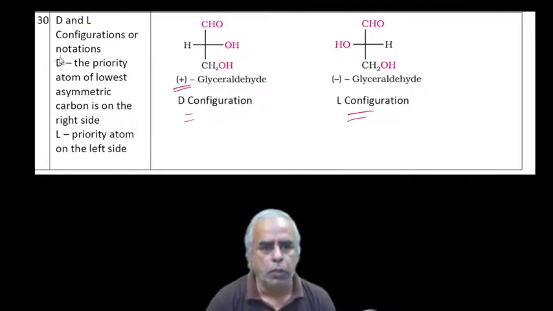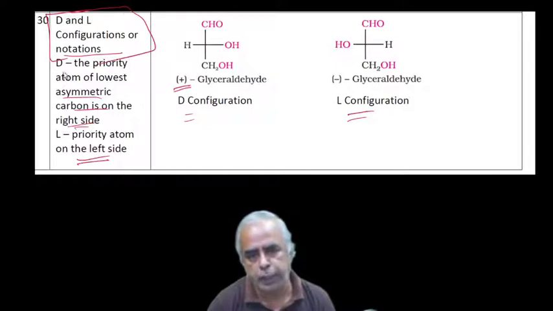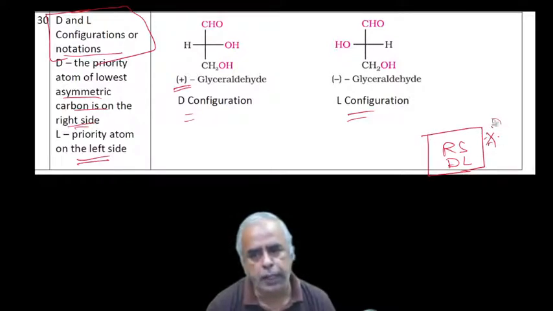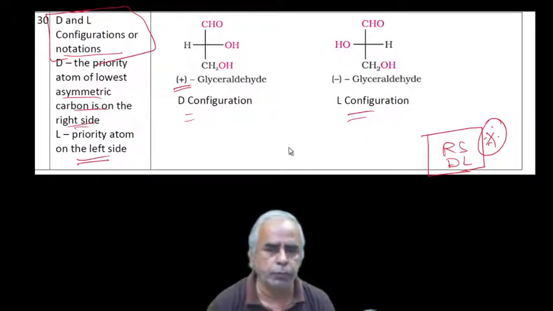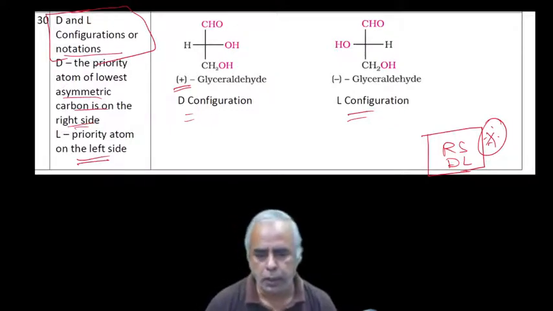The lowest asymmetric carbon atom is on the right side, according to the rule we have already discussed under DL configuration. You can refer to my lecture regarding RS notation and DL configuration. I have discussed it in detail, and that video will be very useful to you. Based on that we were able to arrive at the D configuration and L configuration.